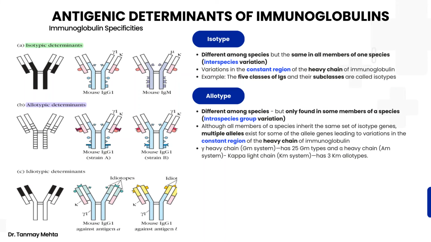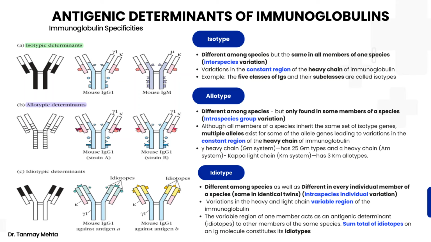And lastly, we have idiotypes. In idiotypes, you can see a unique amino acid sequence present in the paratope region of one member of a species. And such antigenic determinants are known as idiotypes, and some of these idiotypes constitute the idiotype. So they are different among species, as well as they are different in every individual member of a species.